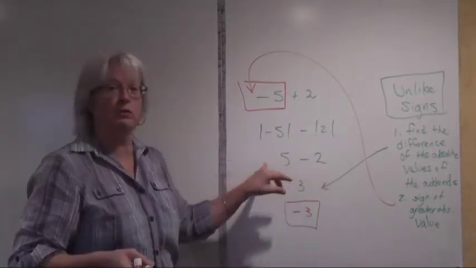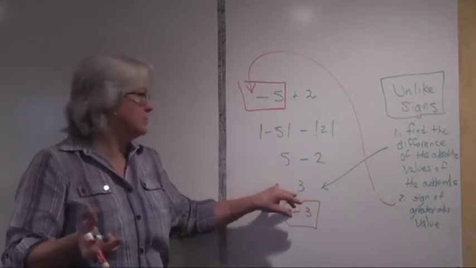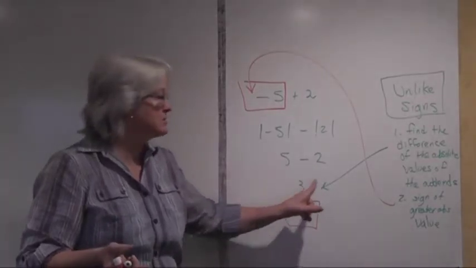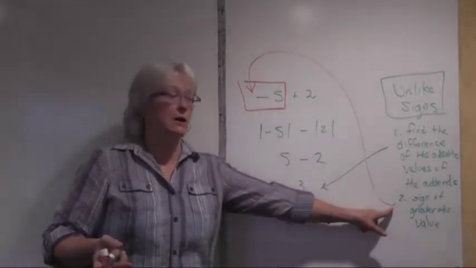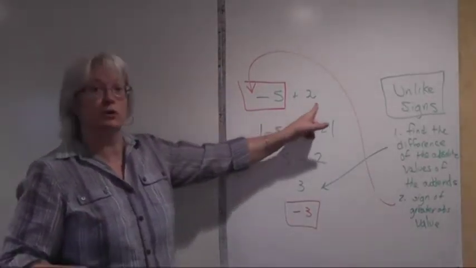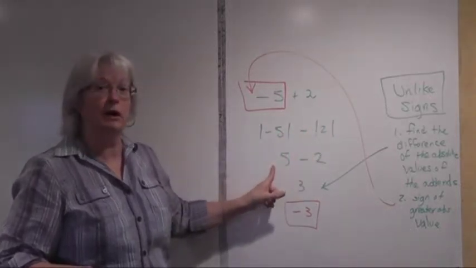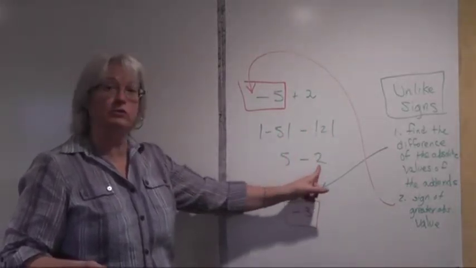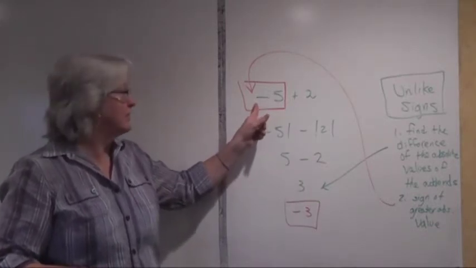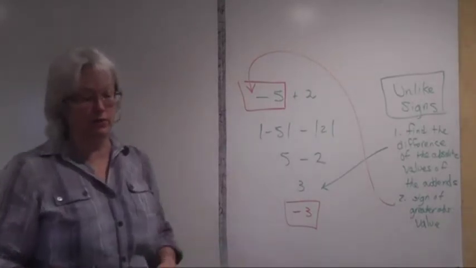We subtract the smaller number from the larger number, but then because we're dealing with signed numbers, we have to say, okay, which sign do we use? We look for the sign of the integer that has the greater absolute value. 5, obviously, is greater than 2, so we use the sign that goes along with the -5, giving us a sum of -3.